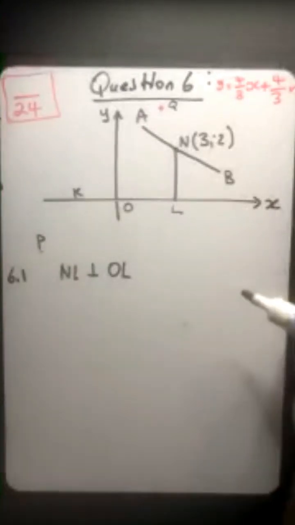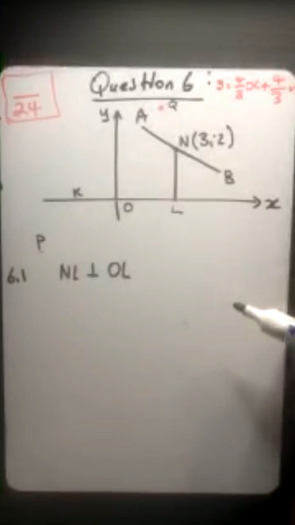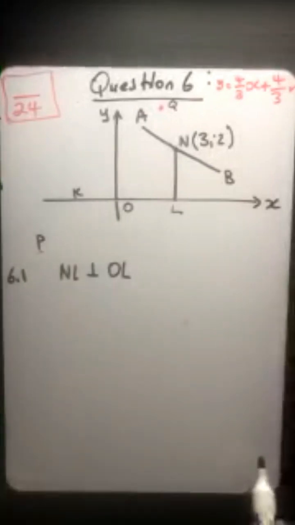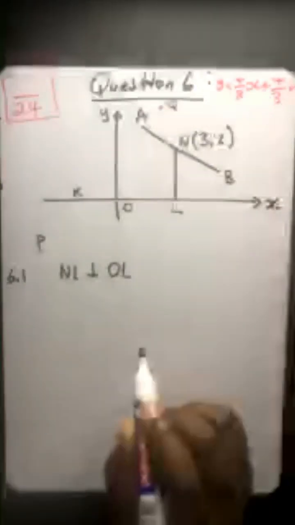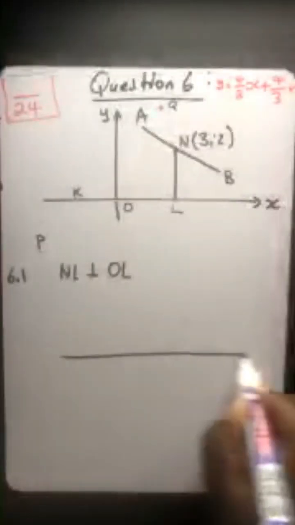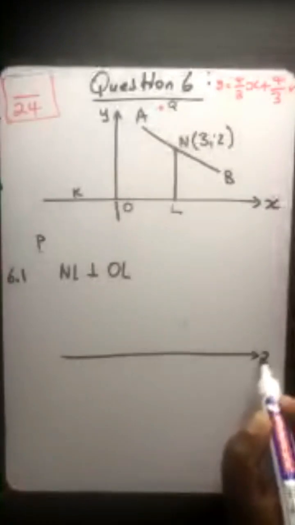Okay, so why is NL perpendicular to OL? So something that you need to remember is that the x-axis is a horizontal straight line.